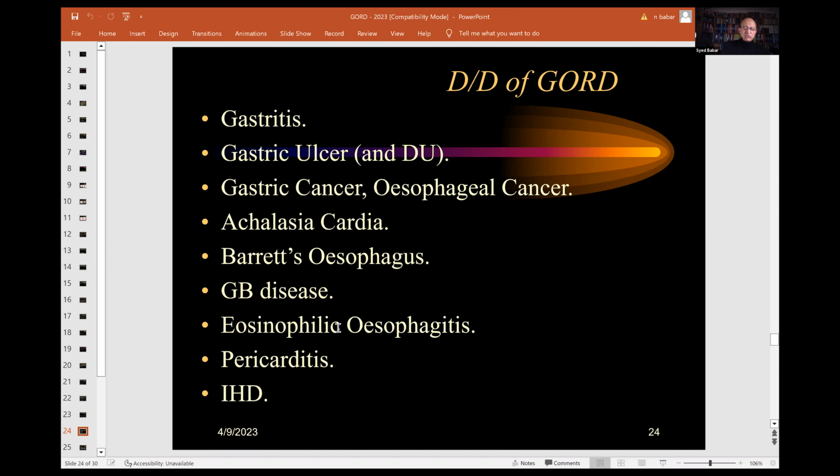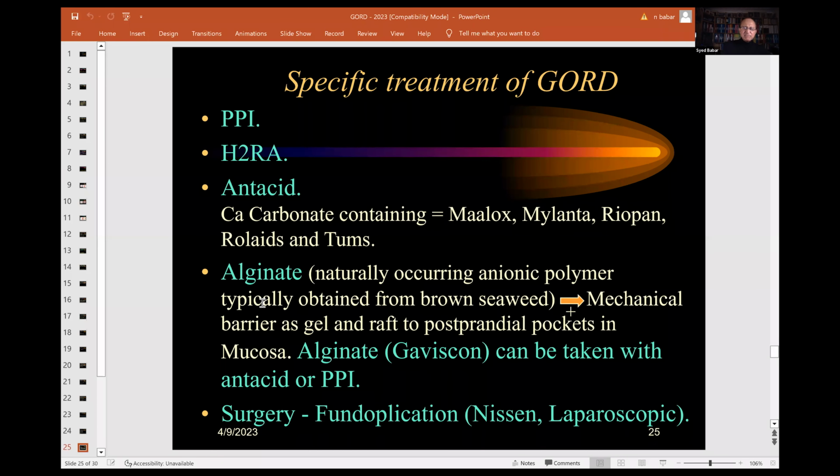The commonest association is with scleroderma, pericarditis, and ischemic heart disease. So we are nearly at the last leg of the journey of this discussion.